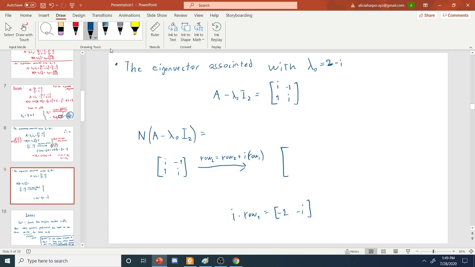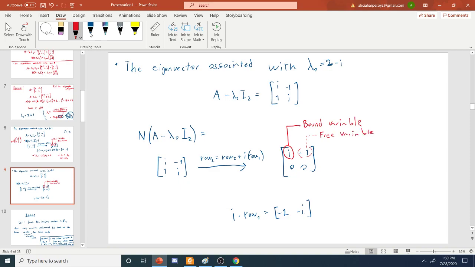So if I add this row to this row, I get 0. So I'm going to get i, negative 1, and then 0, 0. Again, this is a bound variable. This is a free variable.